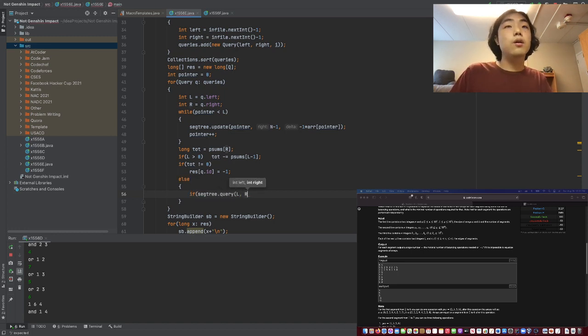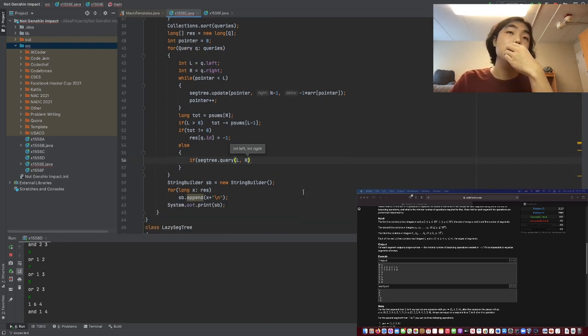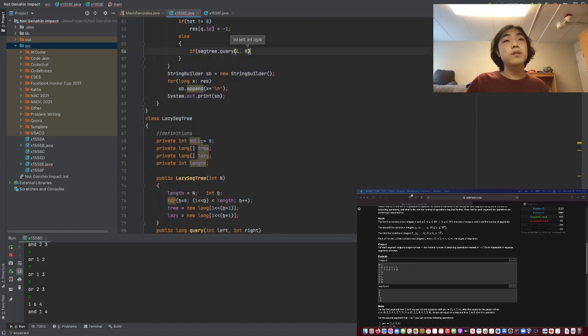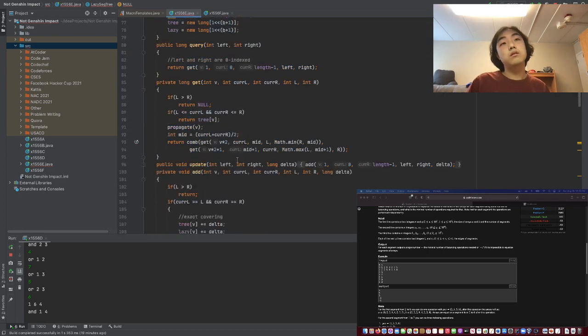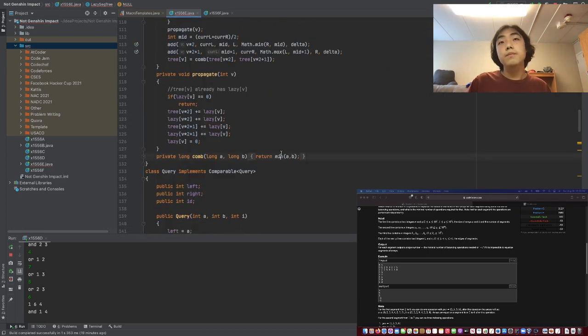Seg tree.query L to R. If at any point, we add 1 and -1. So you want to start it off as negative. We never want the prefix sums to be greater than. Oh, so maybe it is max. Yeah, I think it's actually max then.